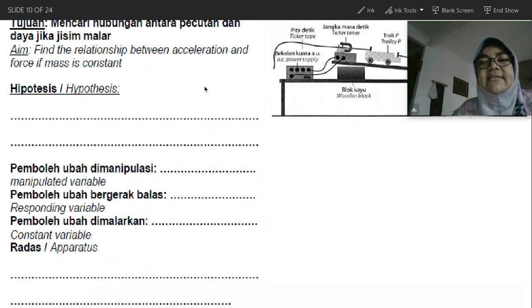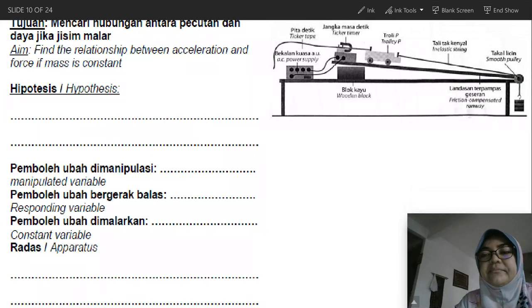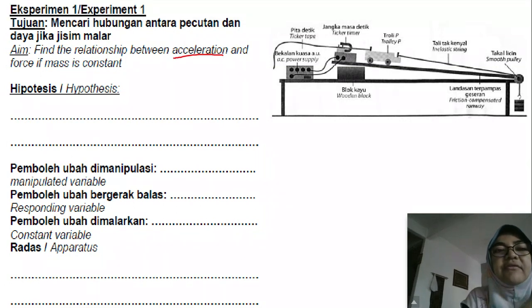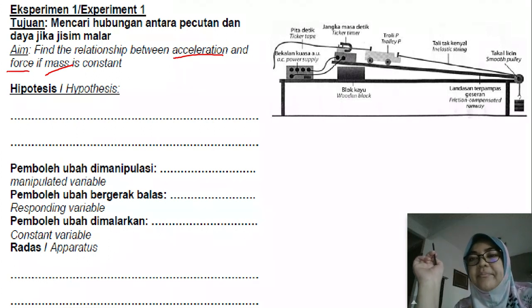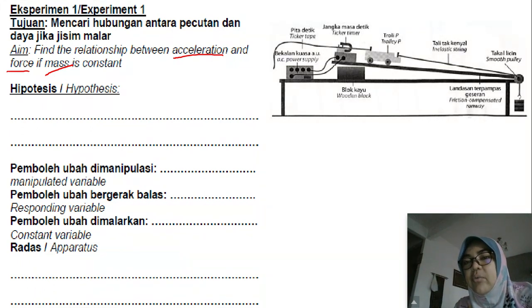So this is an experiment to investigate the relationship between acceleration and force if the mass is constant. Okay, so for this experiment, we put a trolley onto the runway, and it is connected to a ticker tape passing through a ticker timer.